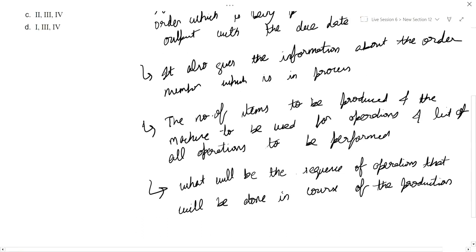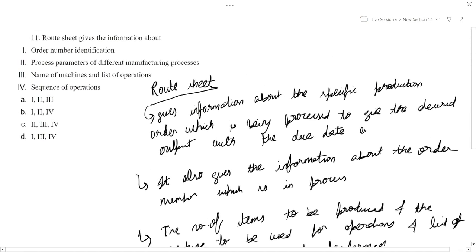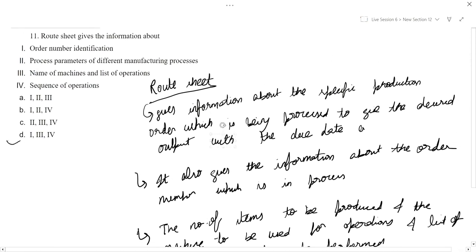So basing on all these options, the correct options are 1, 3, 4: order number identification, name of machine and list of operations, sequence of operations. It does not say about the process parameters of different manufacturing processes. Okay, so the next question.